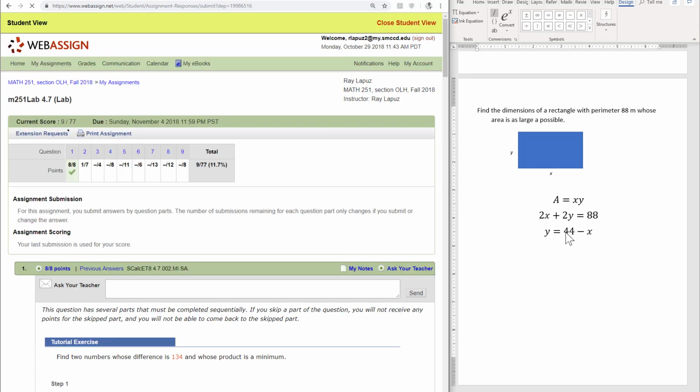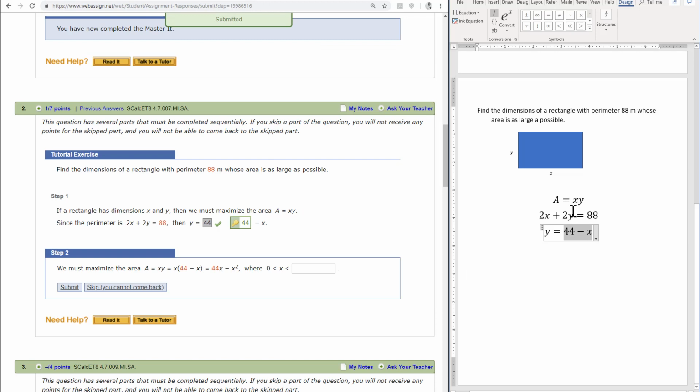Now that we have that, we're going to replace this y with 44 minus x. So our new function is A equals x times 44 minus x. And as you can see, now this is a function of only one variable, x. That's going to be good for us.